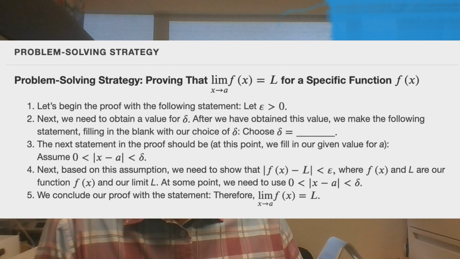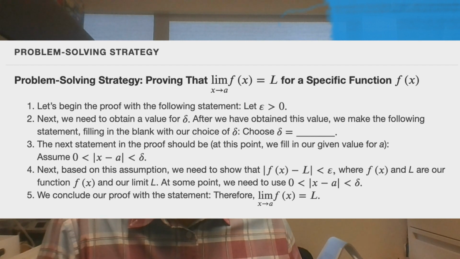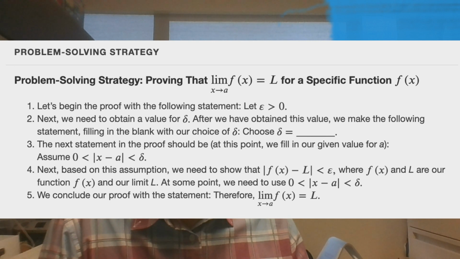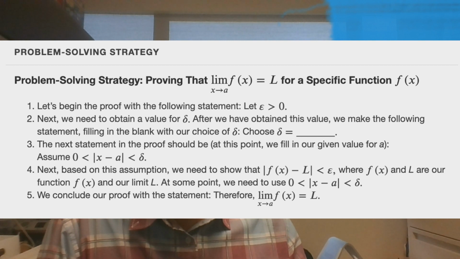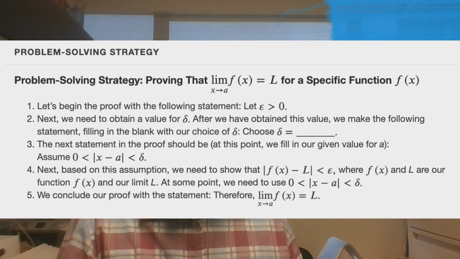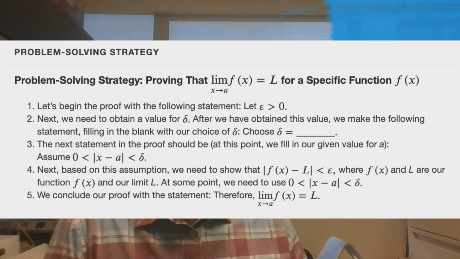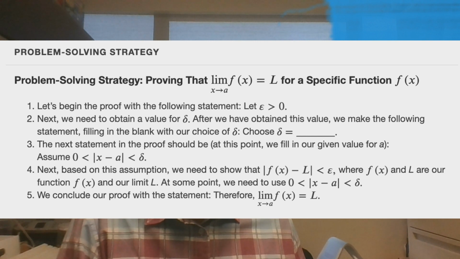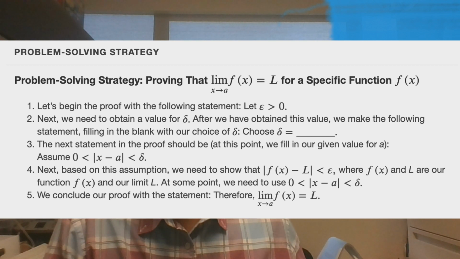What we want to do is go back to this expression f of x minus L. Again, L is the limit that you would have already found, and you're just proving this using epsilons and deltas. Given the expression f of x minus L, you algebraically manipulate it so that you get the expression x minus a coming out of there, and then you relate that to delta.